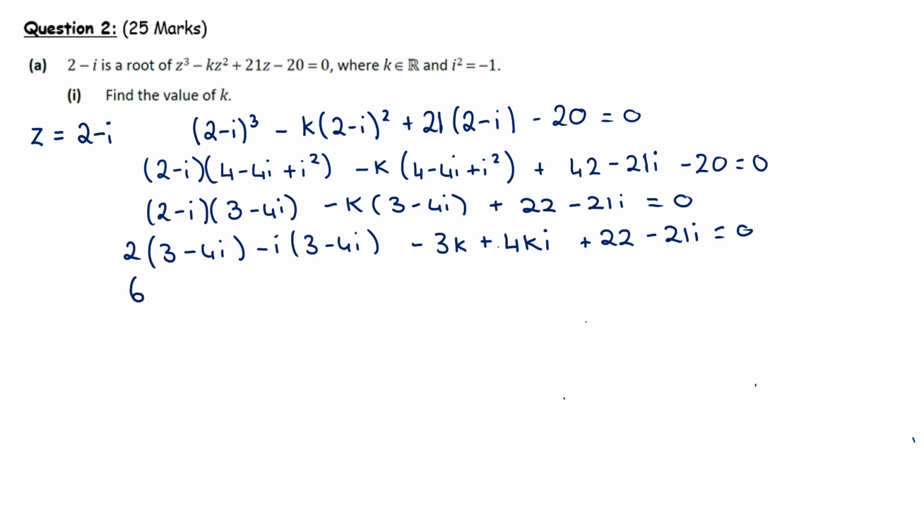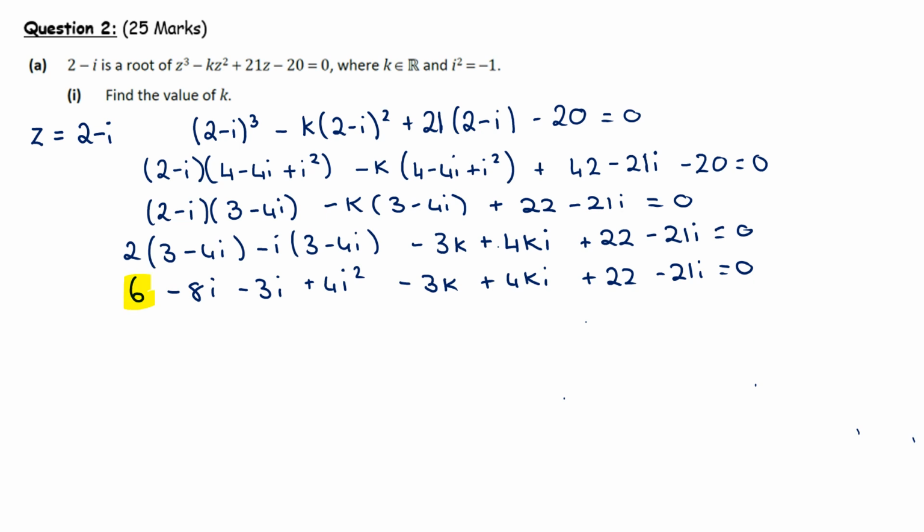That gives us 6 minus 8i minus 3i plus 4i squared, minus 3k plus 4ki plus 22 minus 21i equals 0. And we're going to do a little bit of cleanup. Now it's quite long, so I'm going to take out my highlighter for this.